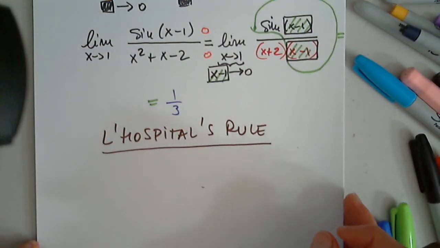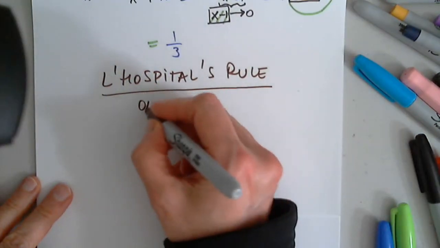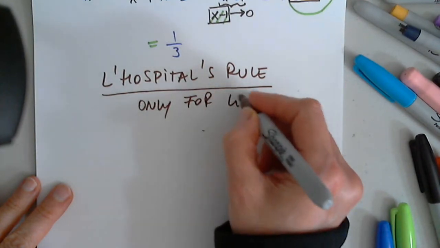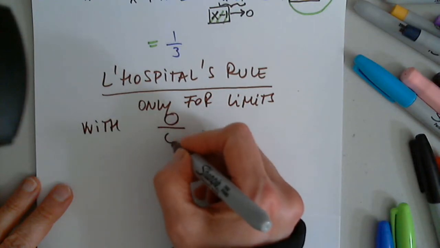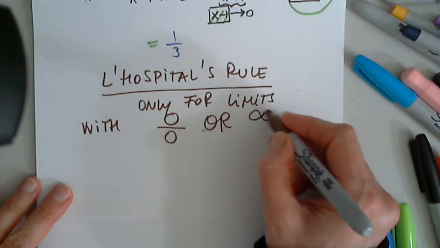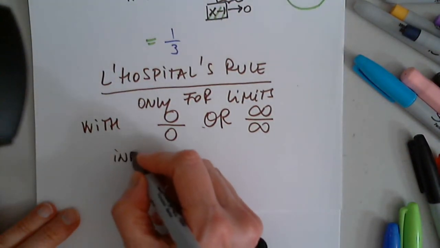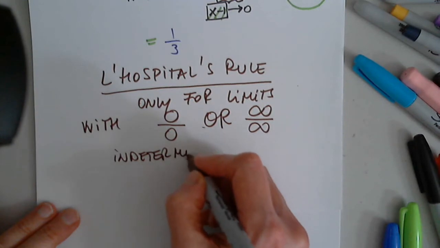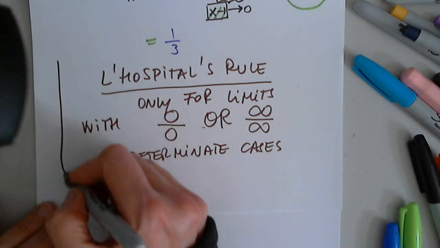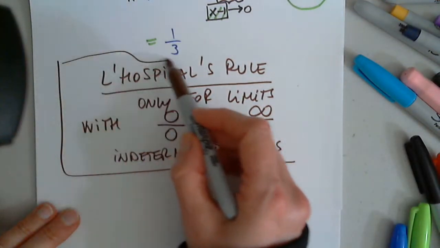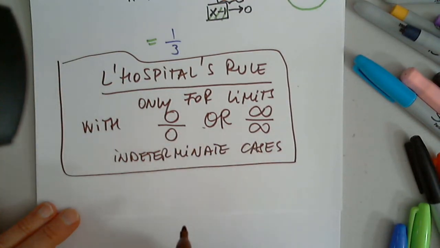And this is applicable only when we determine a limit, only for limits with 0 over 0 or infinity over infinity, indeterminate cases. So what I'm going to show now is specifically for limits, and only in these two situations. Okay.